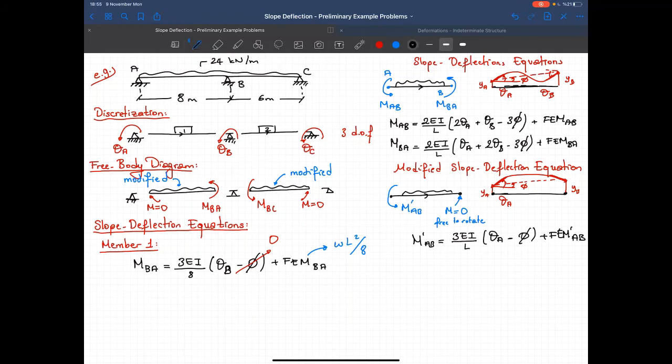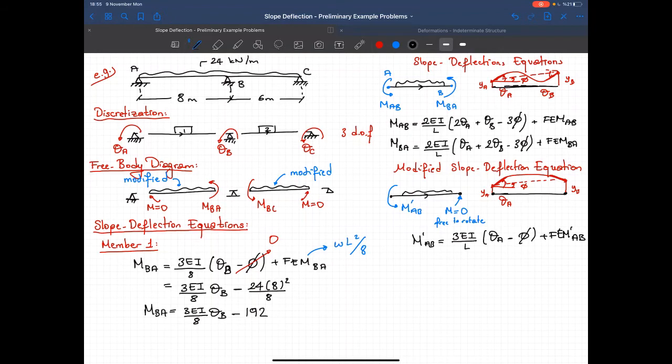And then the final version of this equation will be equal to 3EI over 8 theta B minus 24 times 8 squared divided by 8, and that's equal to 3EI over 8 theta B minus 192.